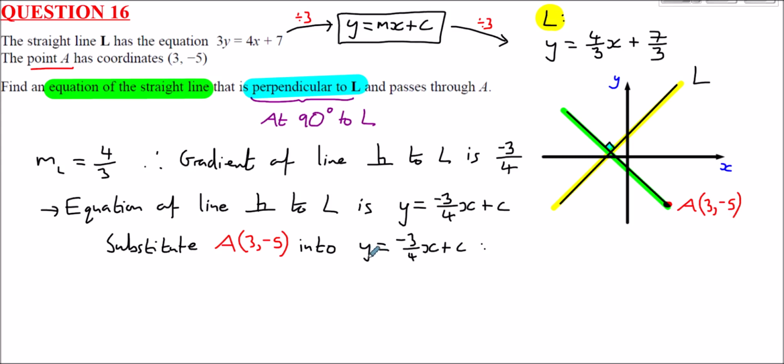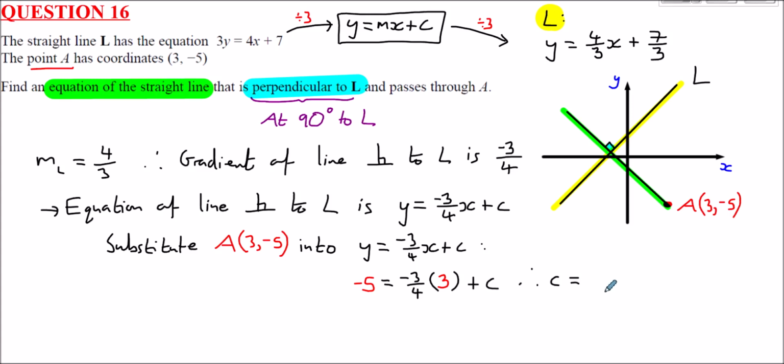So when y is -5, x is 3. So -5 equals -3/4 times x, so -3/4 of 3, plus c.